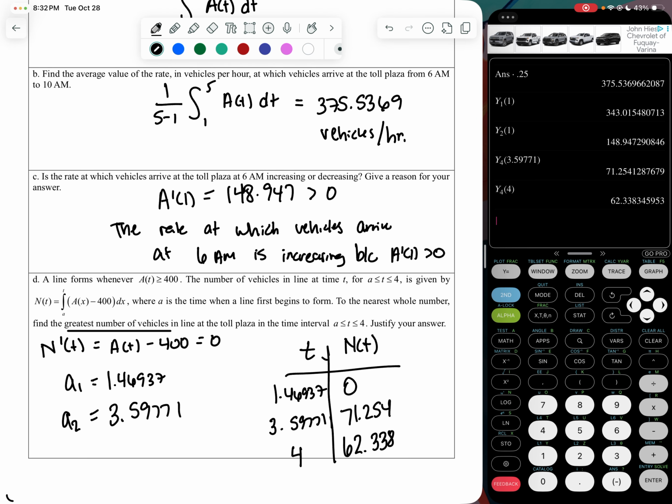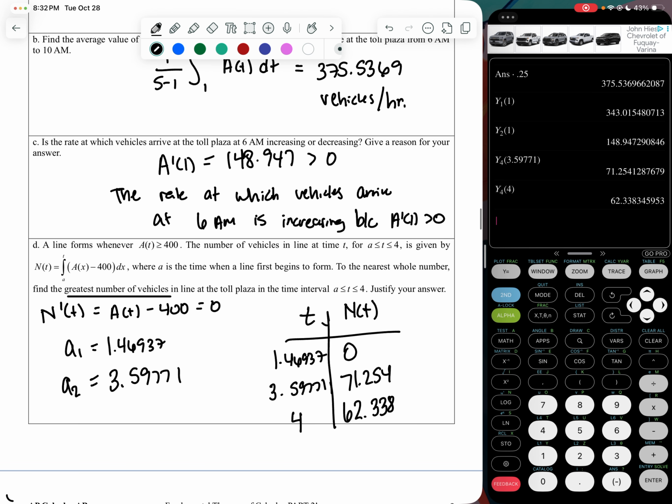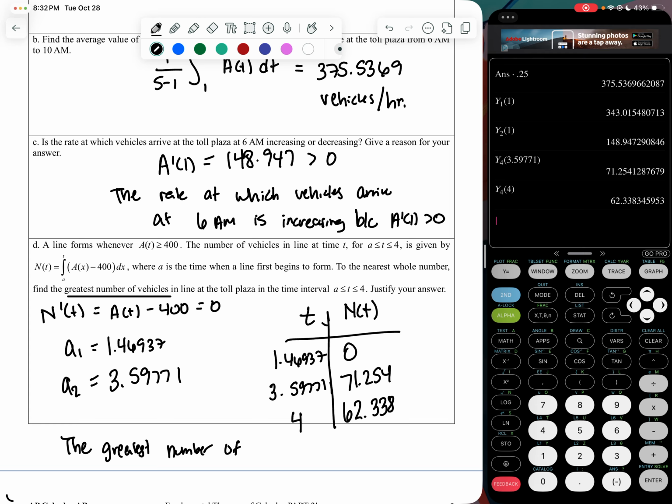Now, because it's talking about the nearest whole number, and it's talking about the y value, I'm not trying to give them the time. No, just tell them the greatest number of vehicles in line is 71. Call it a day.